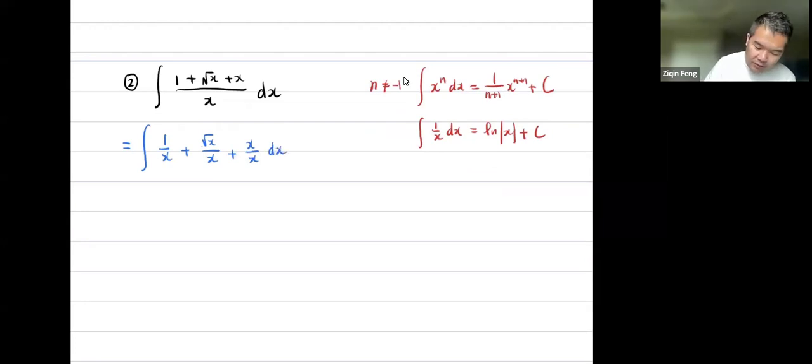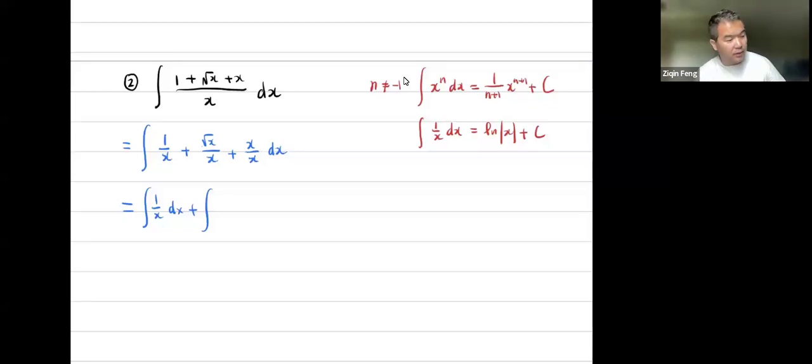The first term is good: the integral of 1 over x dx, plus the integral. The second term is x to the 1 half over x, right? So which means this is x to the 1 half minus 1, so x to the -1 half dx. And the last term is the integral of 1 dx.